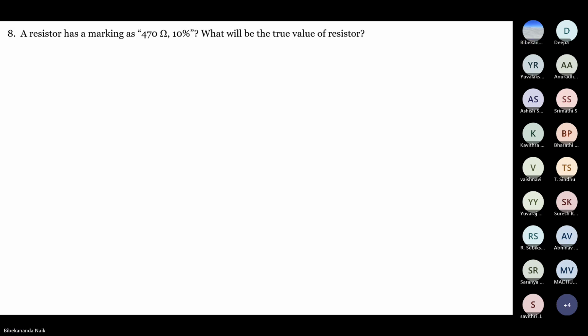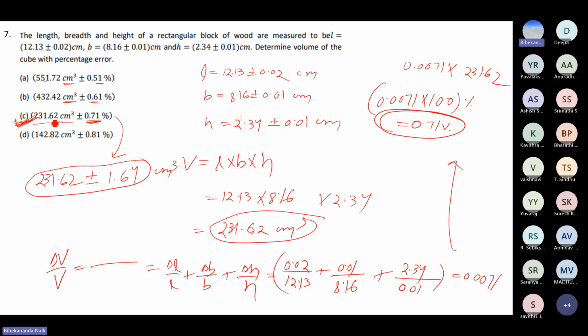So if you see here, it is given 470 and 10%. Like here it was given 231.62 plus minus 0.71%. So the value is varying by 0.71% of this 231.62, which is 1.64.